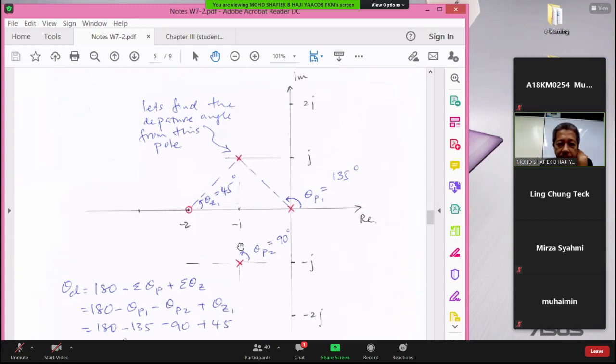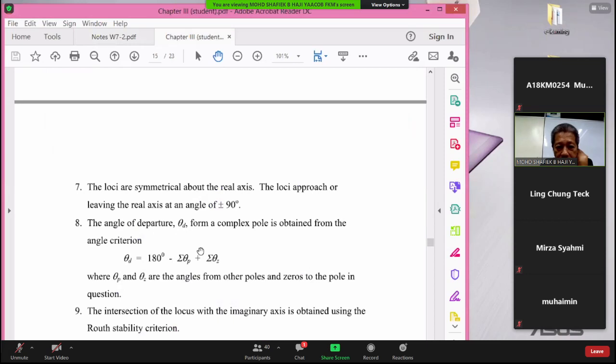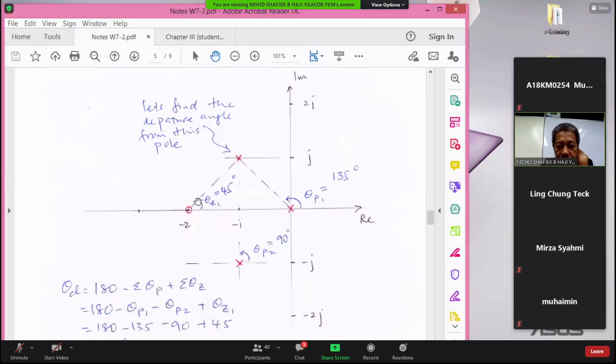And then we need to add the angle from the other zero. We have one other zero at -2, and that angle is 45 degrees. So theta P1 is 135, theta P2 is 90, theta Z1 is 45.